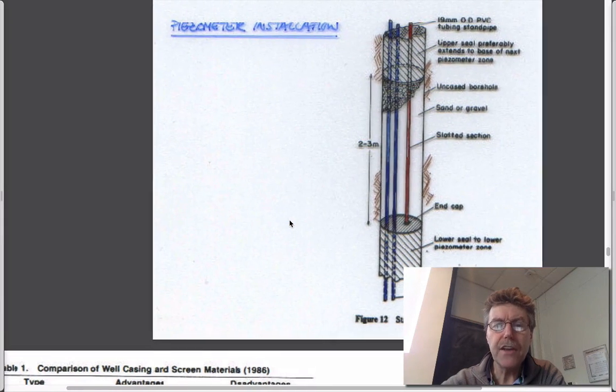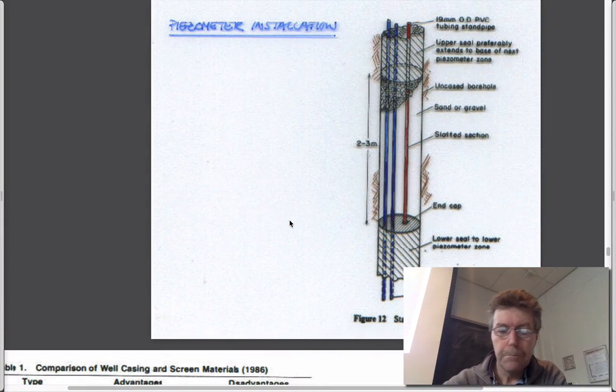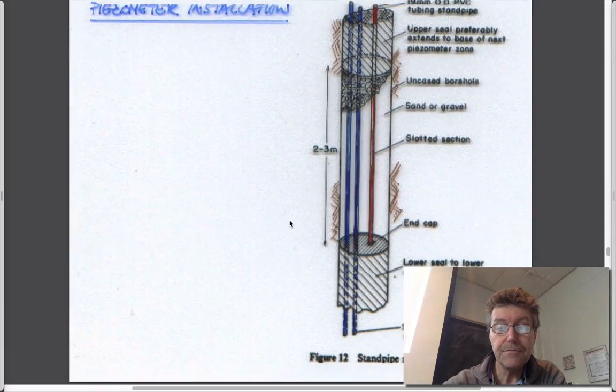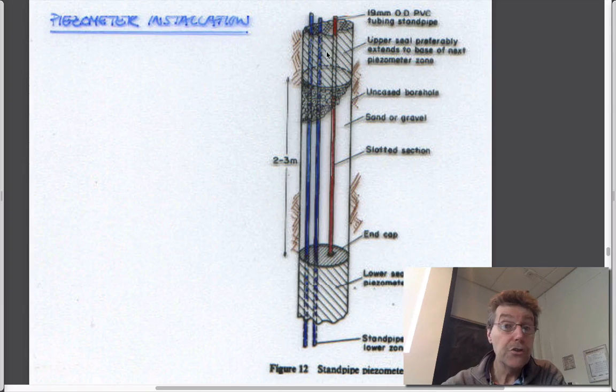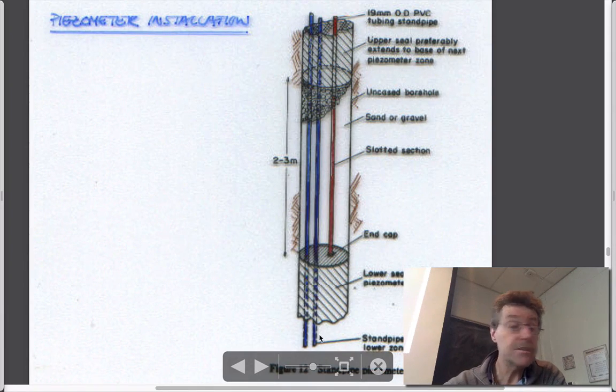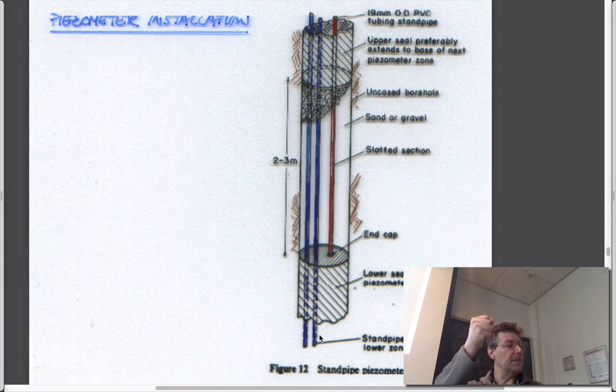But this is basically the idea of a multi-level piezometer. Pretty simple, the idea. You drill a hole. The hole goes down as deep as you want it to go. You might like to have lots of these nests at different levels to measure independently in these different zones, maybe in a whole series of aquifers, exactly what the pressures are, or do pump tests or flow tests to measure permeabilities in these zones.